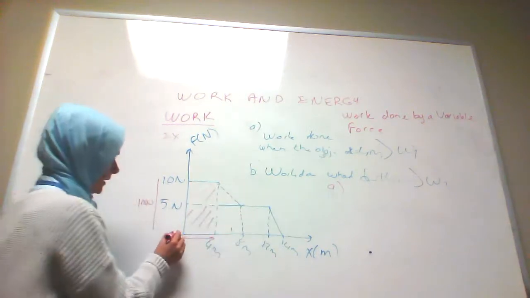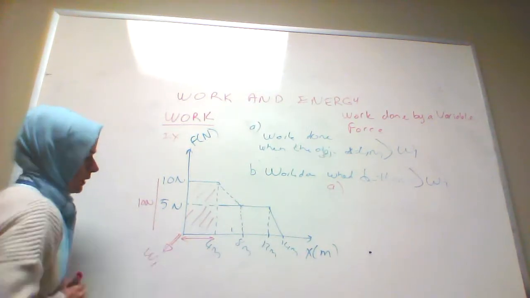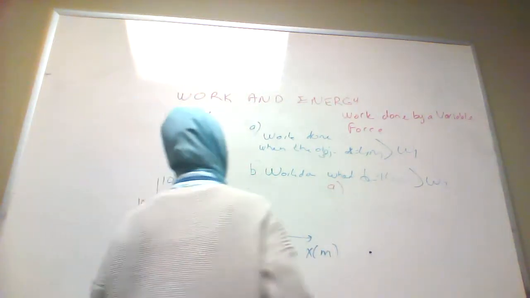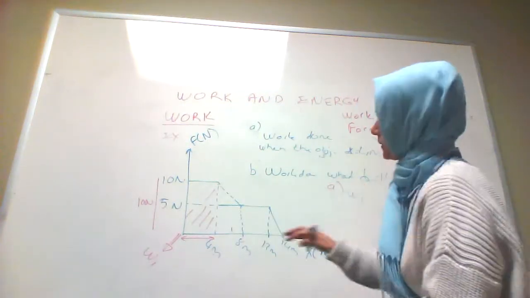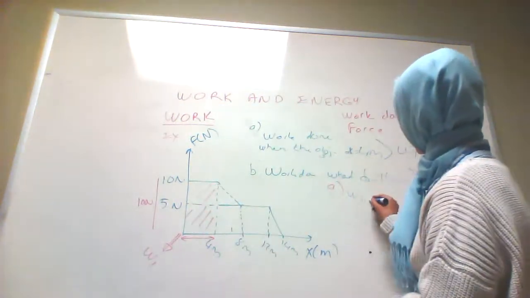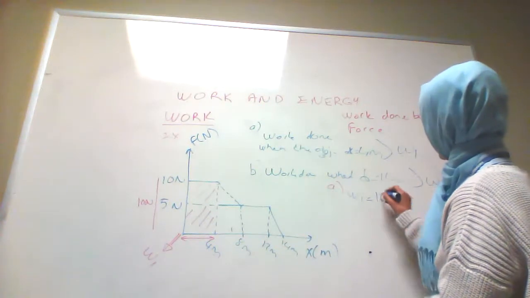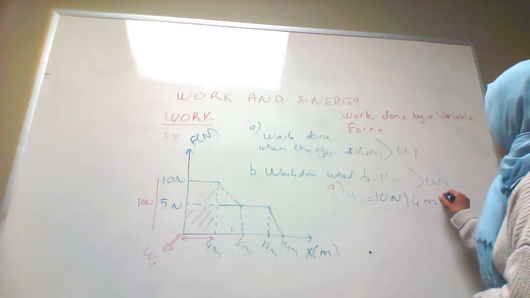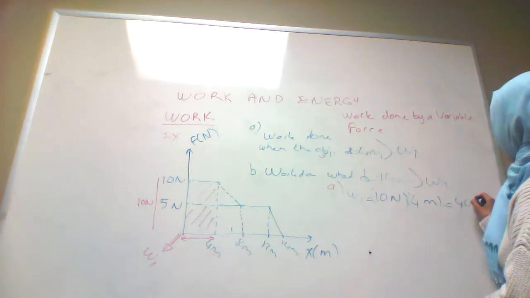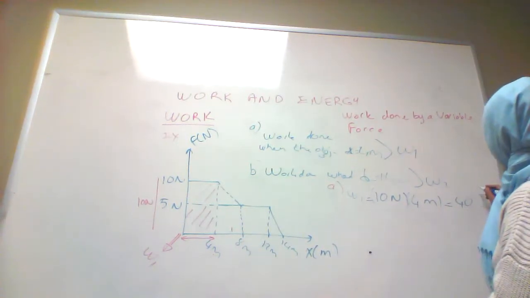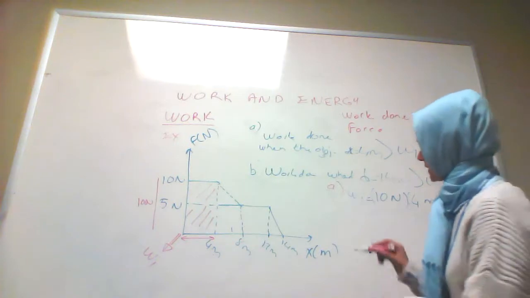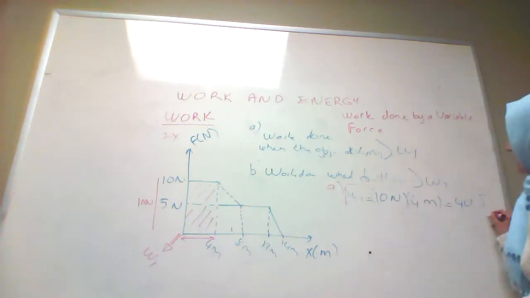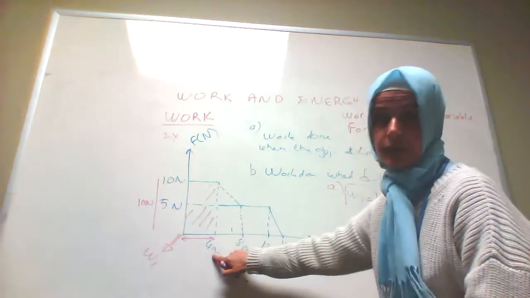So work 1 is equal to 10 Newton times 4 meters. 10 times 4, 40 Newton meters, joules. So this is work 1, while the force moves the object to a distance of 4 meters.